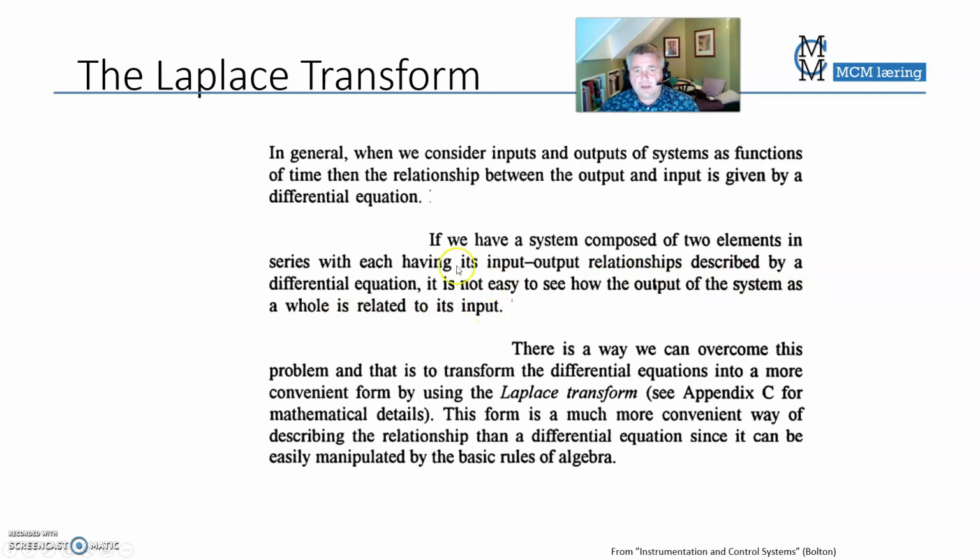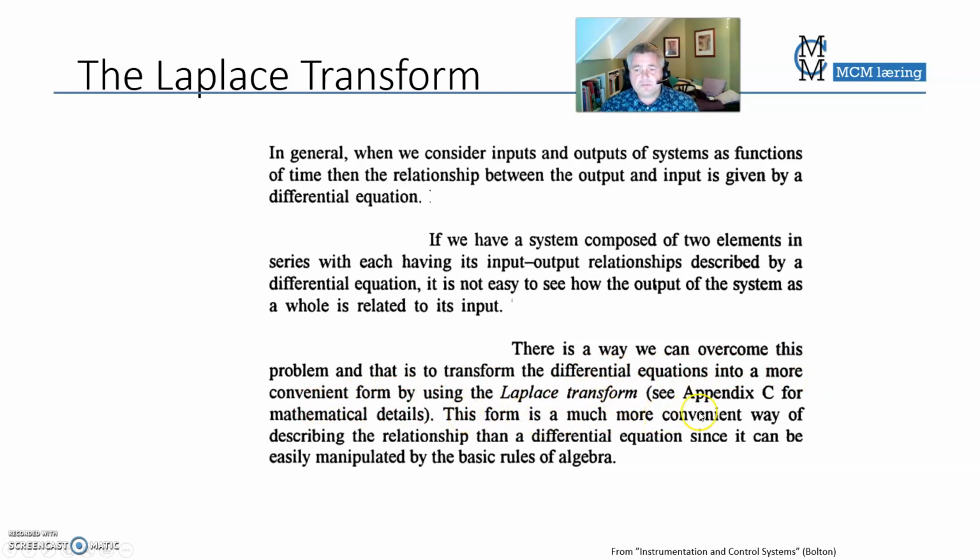What he really says there is that the relation between input and output via a time-based system is a nightmare. It's differential equations, and you have a set of differential equations on top of each other, so it's really a nightmare. There is a way we can overcome this problem, and it's to transform the differential equations into the more convenient form by using the Laplace transform.